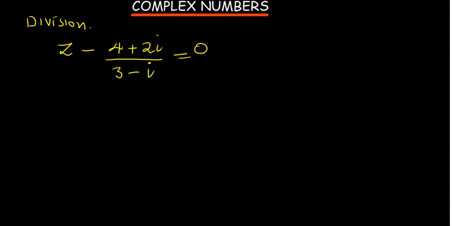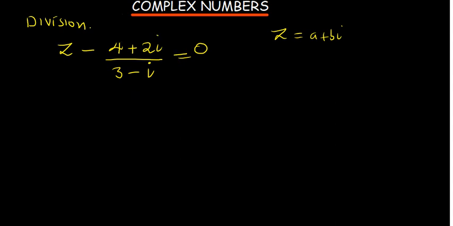We want to find z. We want to express z in the form a plus bi. What are we going to do? We are going to take this part to the other side of the equation.